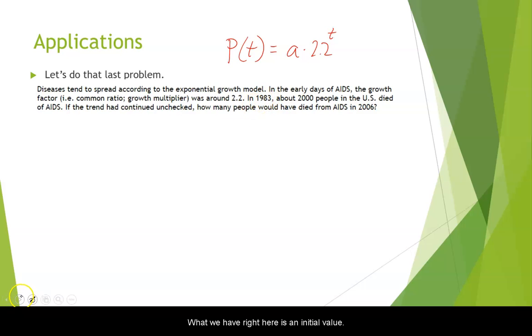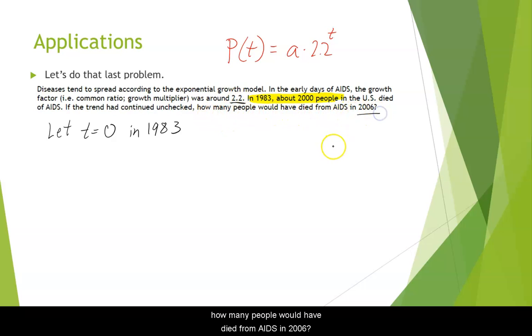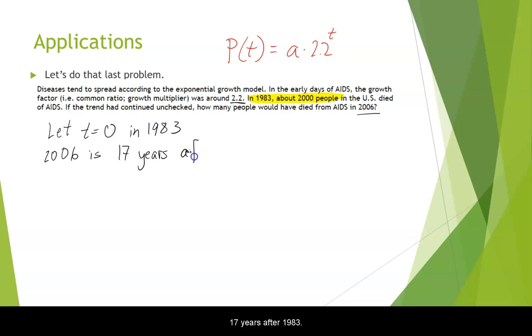What we have right here is an initial value. 1983, about 2,000 people. So I'm going to say, let t equal 0 in 1983. I see later on in the problem, we're asked if this growth factor continued unchecked, how many people would have died from AIDS in 2006? 2006 is 17 years after 1983.